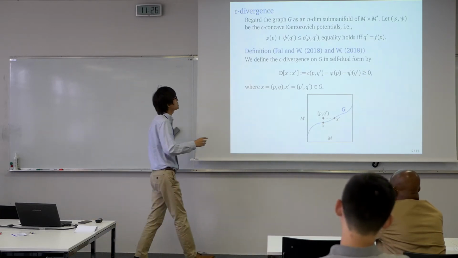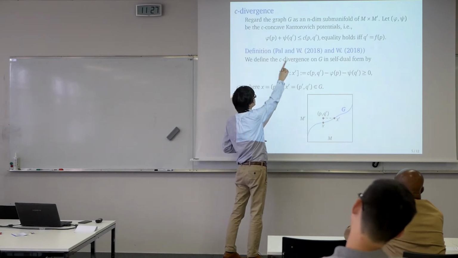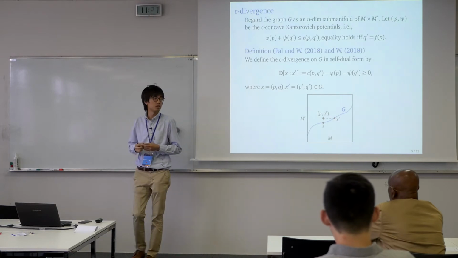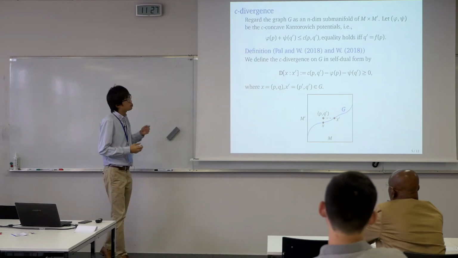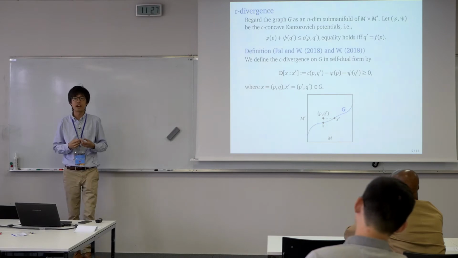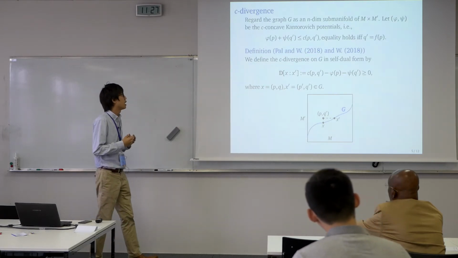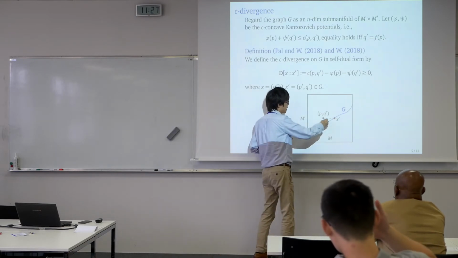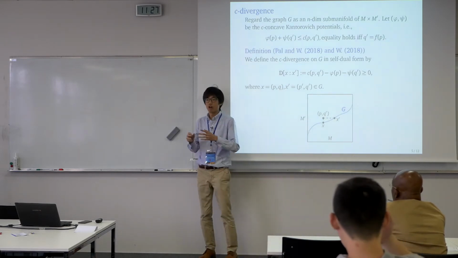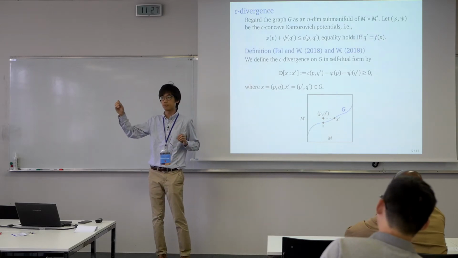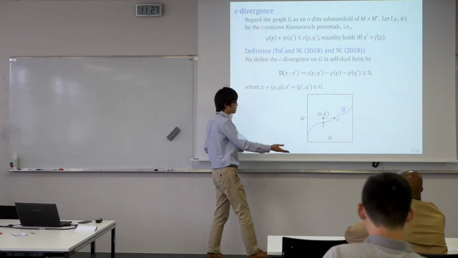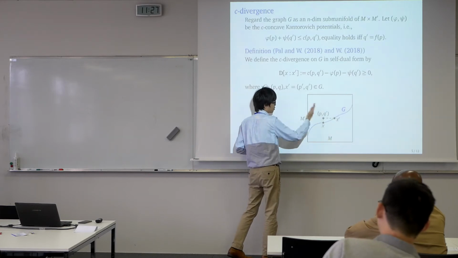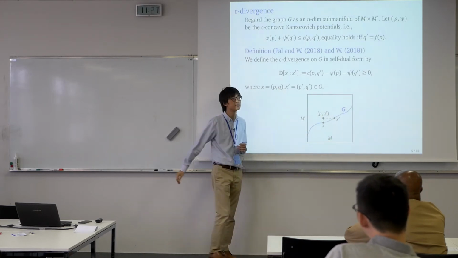As you can see, I have an inequality where equality only holds on the graph of optimal transport, and in previous works we used this fact to define a divergence that we call a C-divergence. So let's think about G as a submanifold of the product space. It is diffeomorphic to M, or it can be diffeomorphic to the image of the optimal transport.